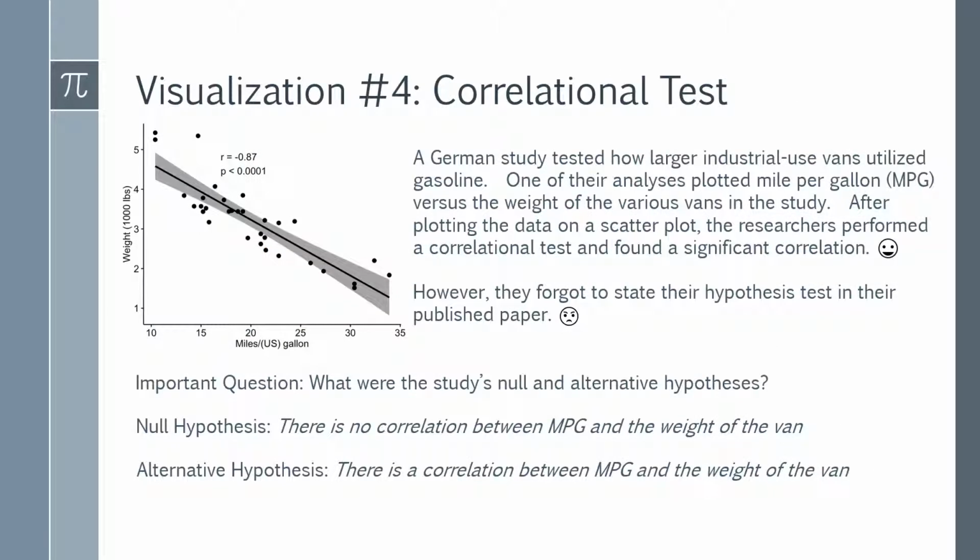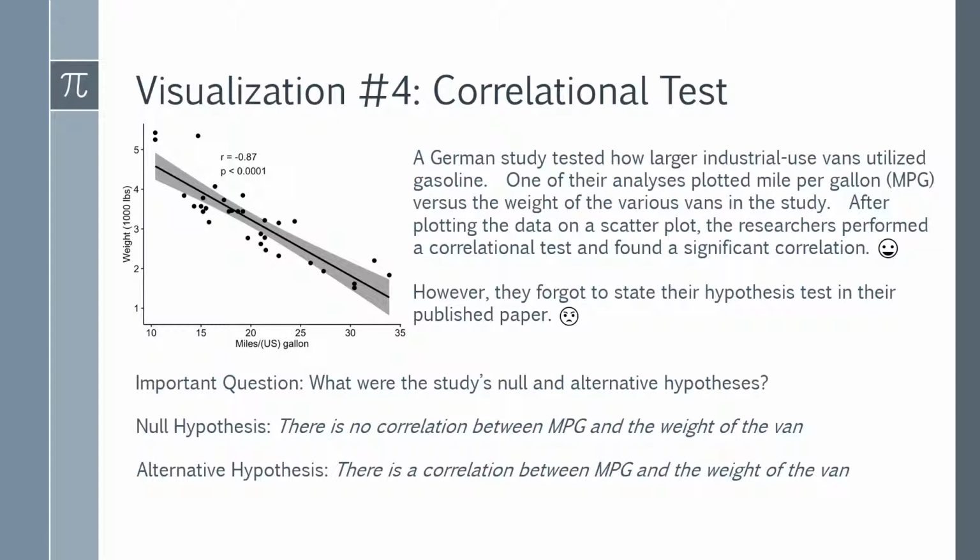Our last visualization is a correlational test. A German study tested how large industrial use vans utilized gasoline by correlating miles per gallon versus the weight of the van in this study.